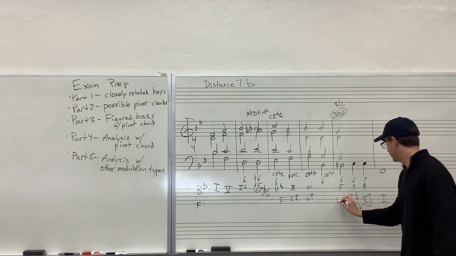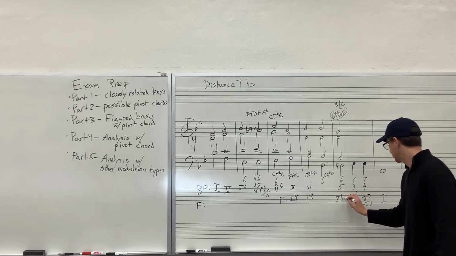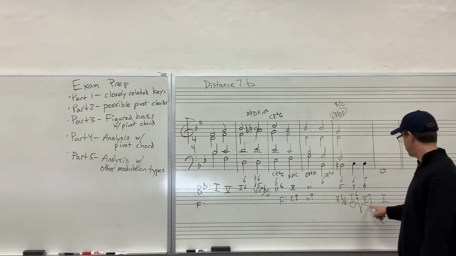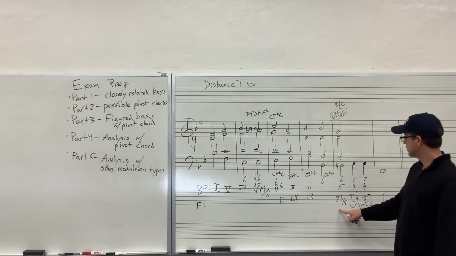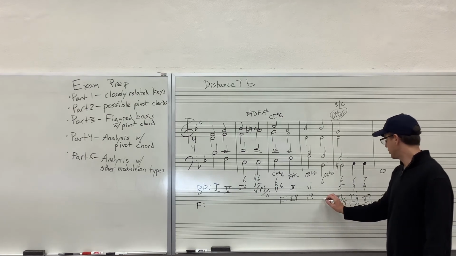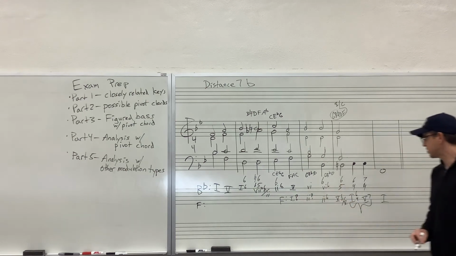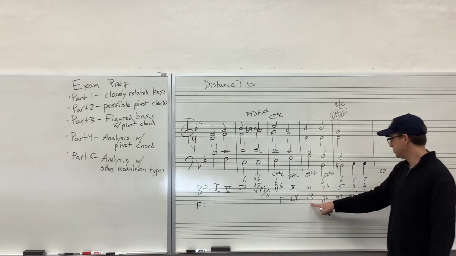So this is 5, 6, 5 of 5. So we know we're in the new key of F here. And here we have G minor. So maybe one of these is a good pivot. Maybe 6 going to 2.